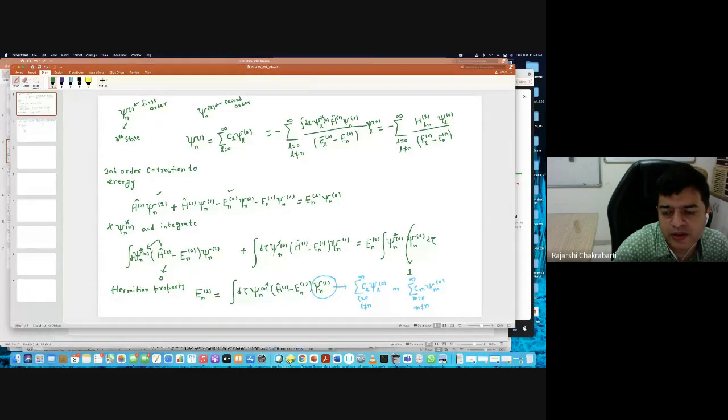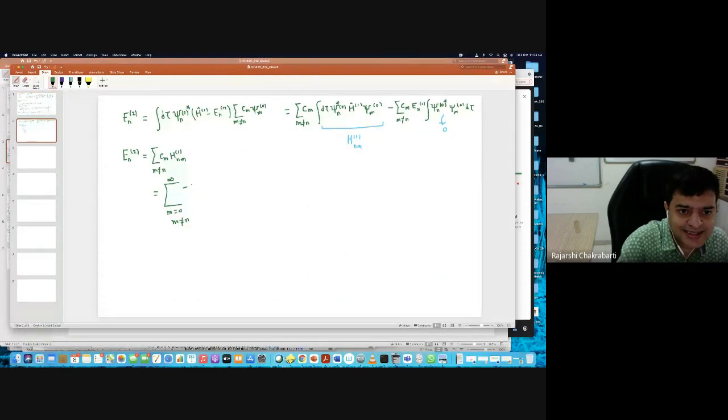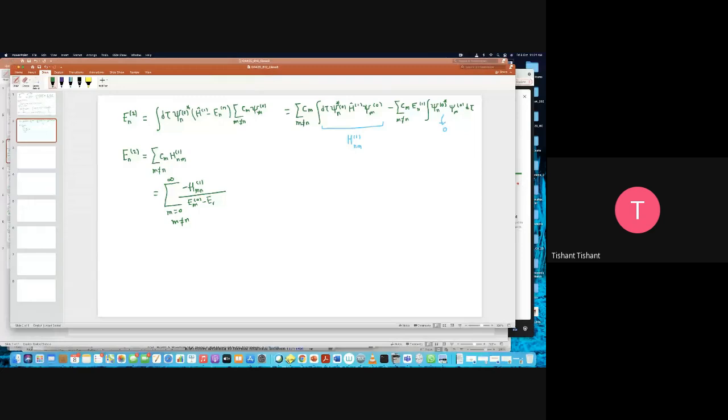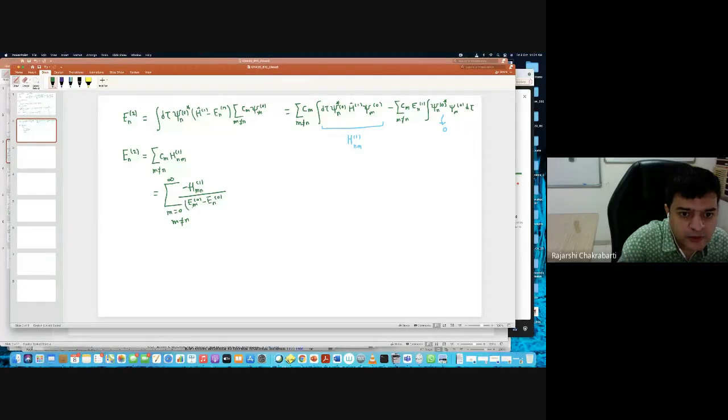If I am using m, it should be Cm equals minus H1 mn divided by Em0 minus En0. This is for the Cm part, and then I have this H1 nm. This is fine.